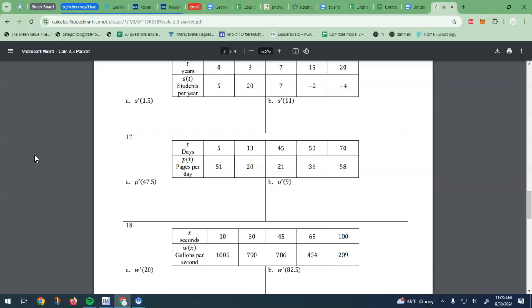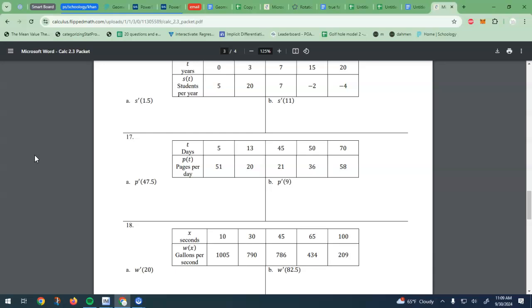So 17. They're asking you to estimate the slope at part A, 47.5, which would be right there. We don't have that point available, so we choose the two that are closest. So I'm going to use these two. y2 minus y1 would be 36 minus 21, x2 minus x1 would be 50 minus 45.